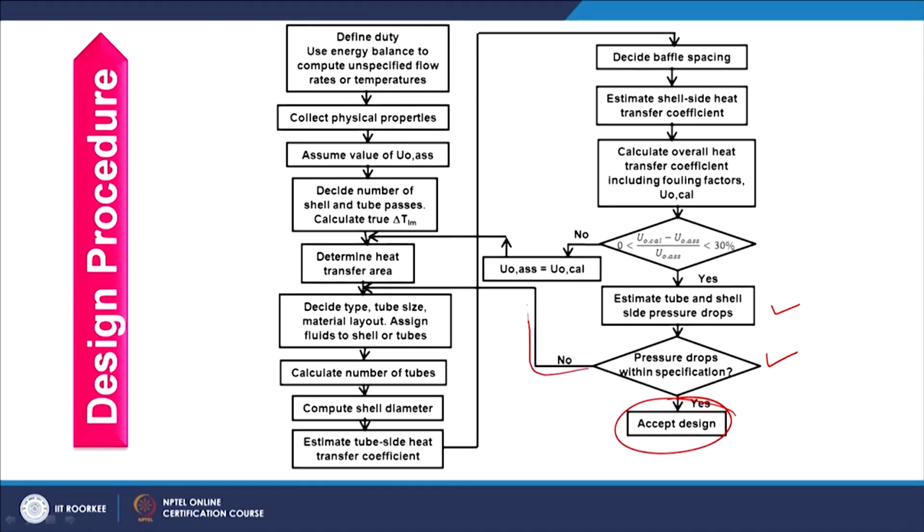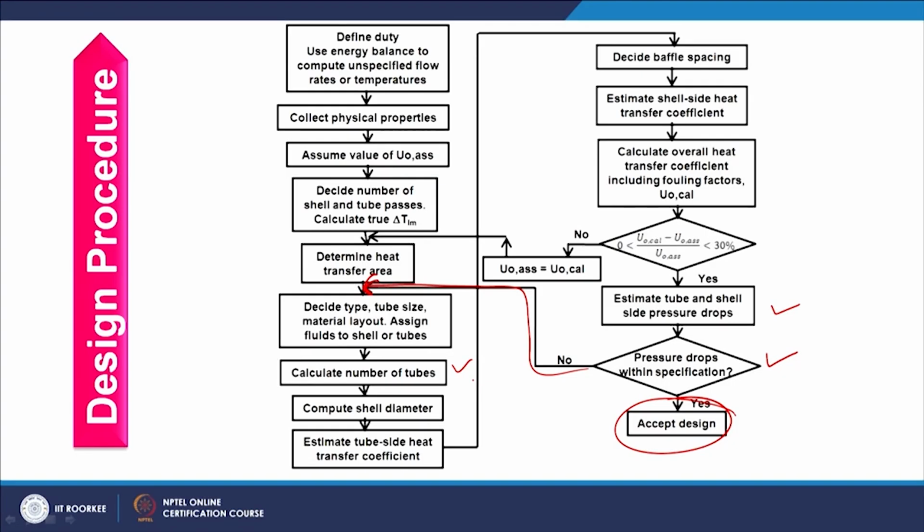Otherwise, we have to change the parameters, and then we start the calculation from this step, where we will relocate the fluid and calculate number of tubes in this way. So, these are different steps which we can use to find out shell side heat transfer coefficient, and so these are different steps which we can use to design shell and tube heat exchanger considering Kern's method.